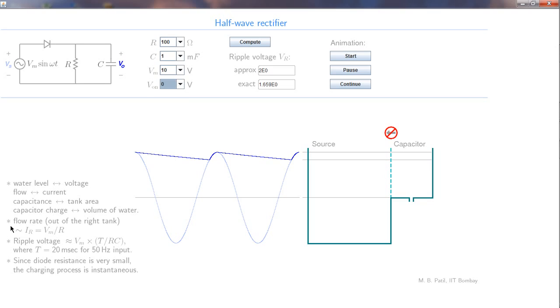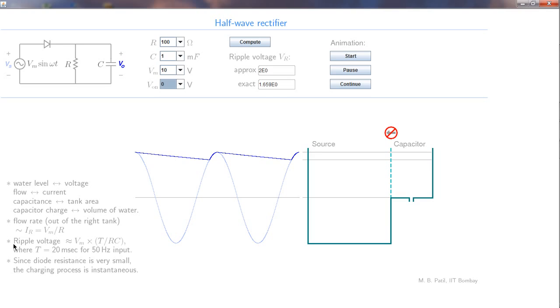The flow rate out of the right tank is equivalent to the load current through the resistor, which is approximately Vm by R, because we have seen that the voltage across the resistor, which is Vo, is nearly equal to Vm.